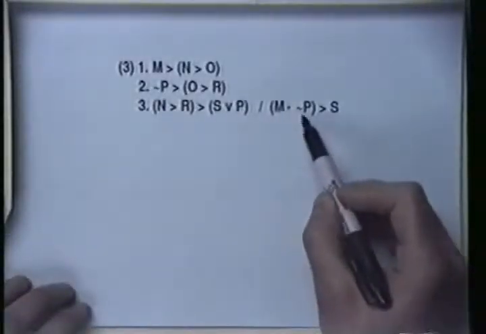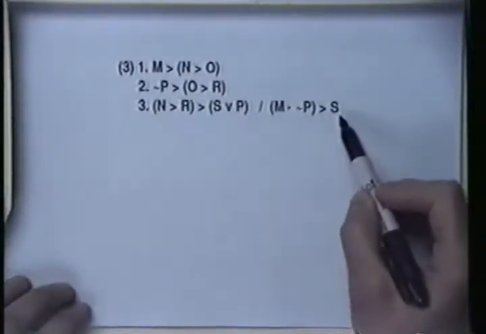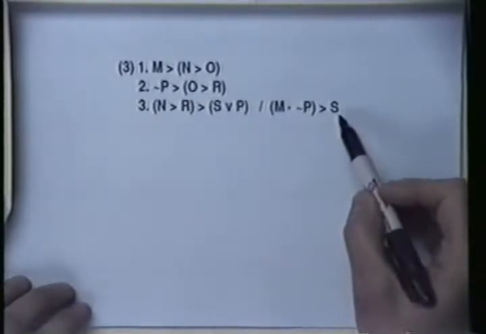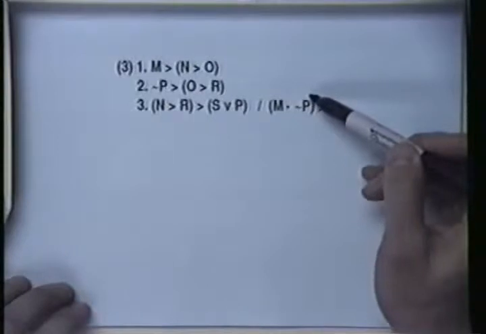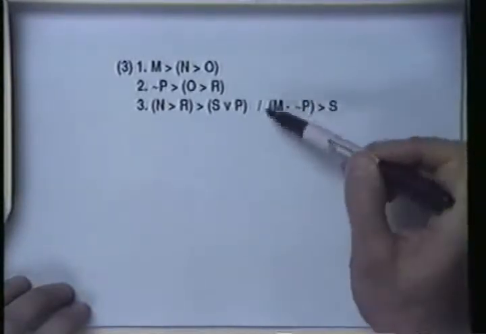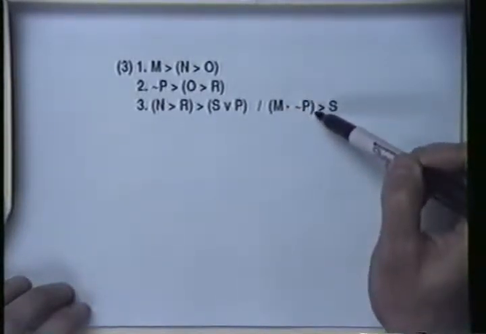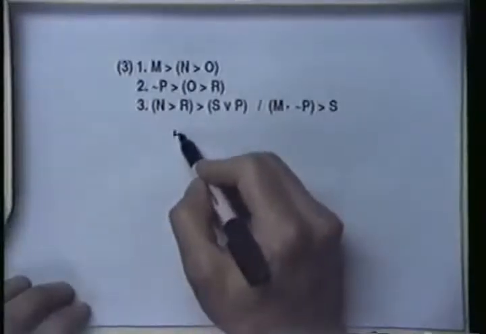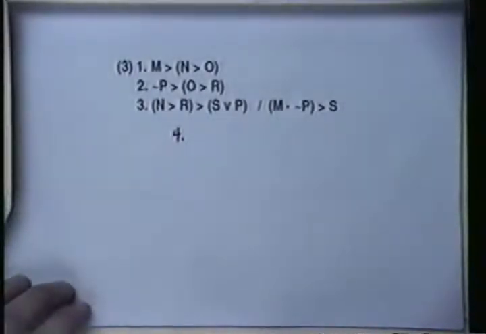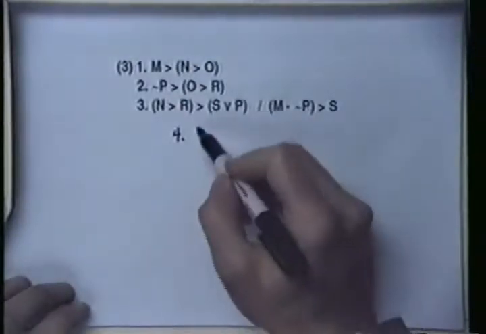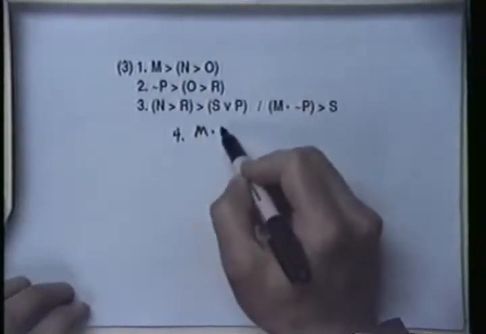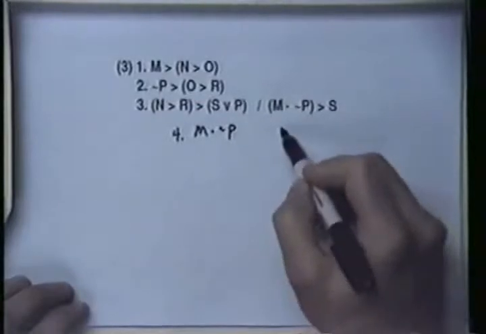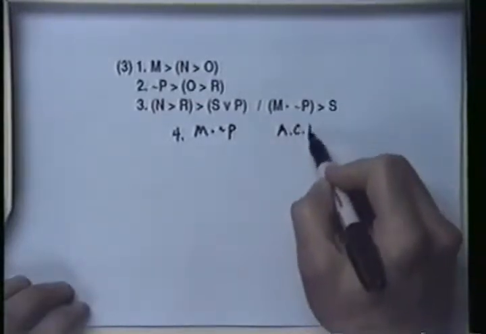We have here M and not P hooks S. And so applying the same principle, what we need to do is take the entire antecedent, the M and not P, as our assumption. And of course that's going to be a very powerful move to make because that will immediately give us both the M and the not P to work with. M and not P, and we cite assumption conditional proof.